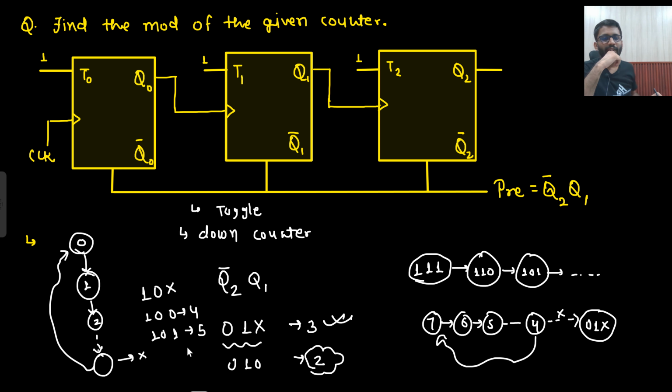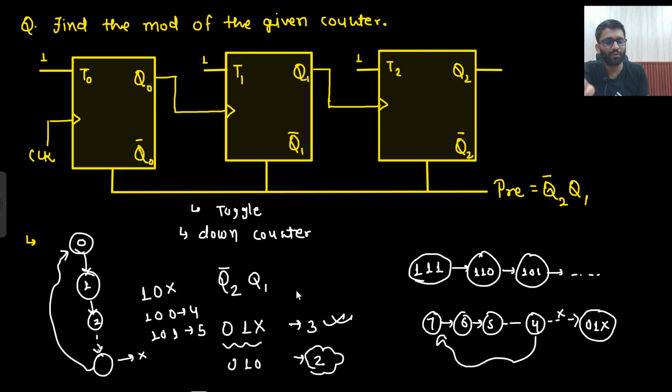So where would you want your loop to be broken? Before 4 only. In case of up counter, you would want your loop to be broken at 4, because which state will come first? 4 will come first: 0, 1, 2, 3 and then 4. So you are saying that this clear input is 1, 0, don't care.